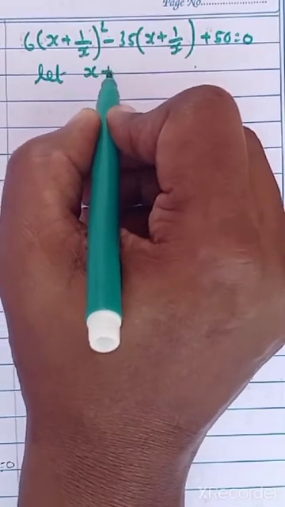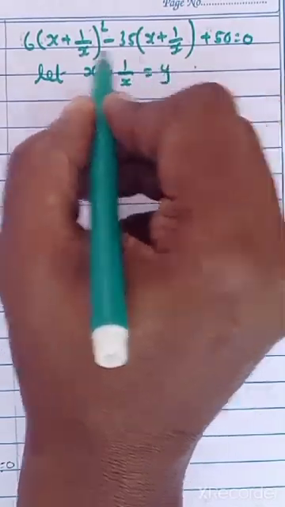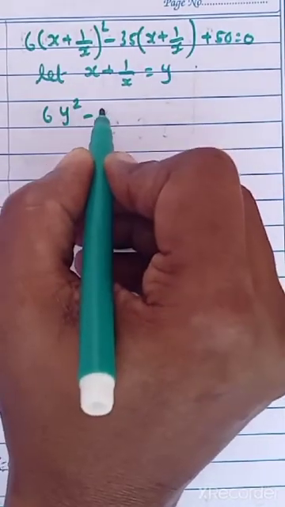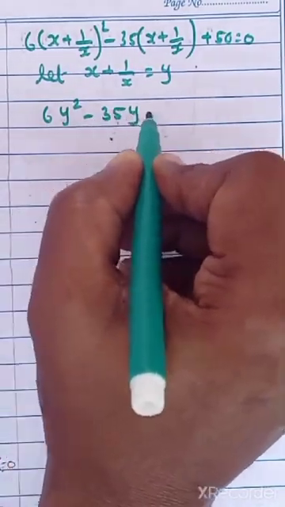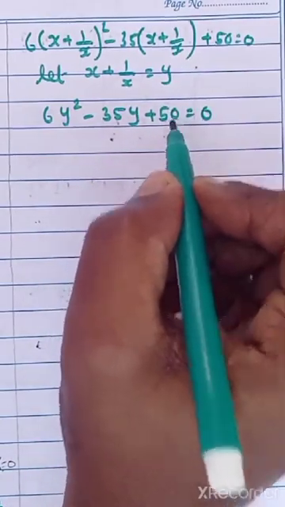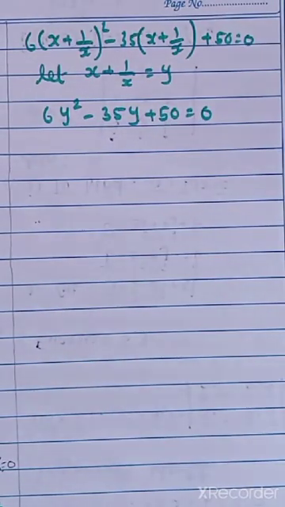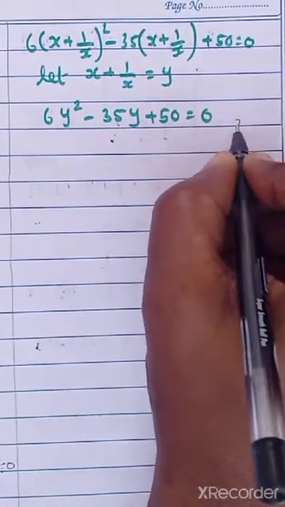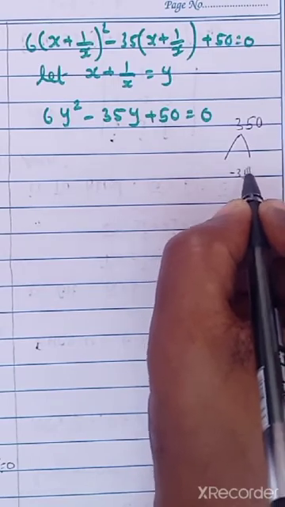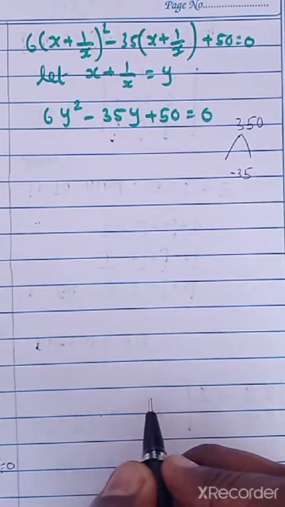Now we can use the substitution method. Let x plus 1 by x equal to y. How will this equation change? 6y square minus 35y plus 50 equal to 0. Correct? So what are the two numbers? 6 fives are 30, so we have to get the product as 300 and the sum as minus 35. Correct?